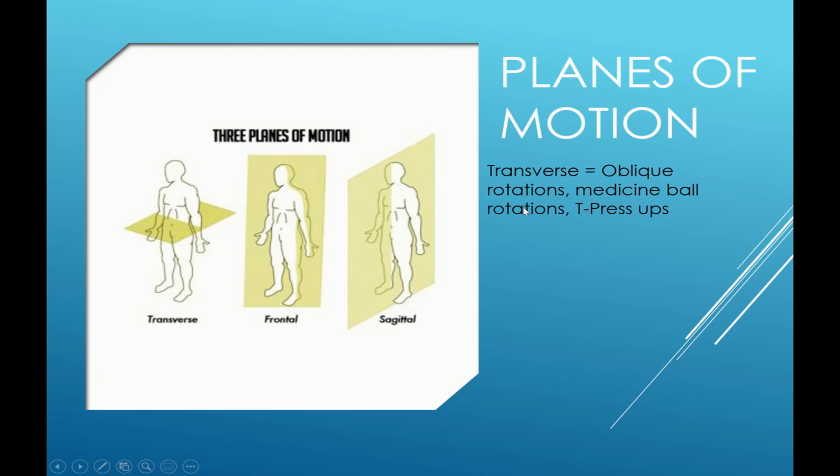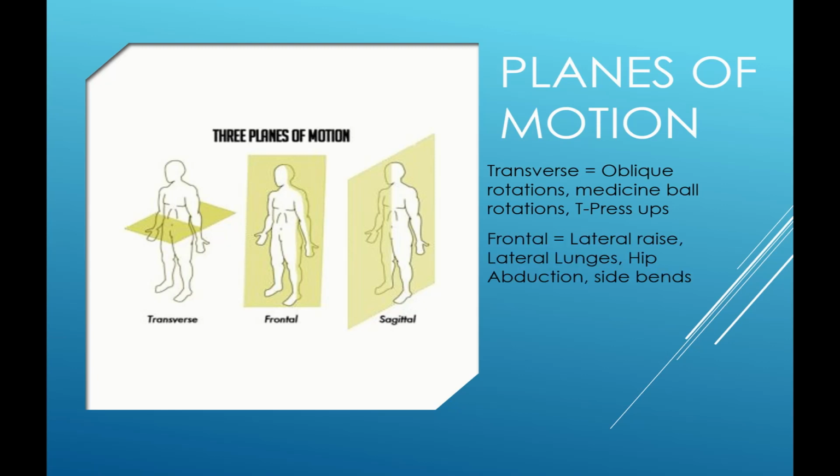Medicine ball rotations, so as we are in a sit-up position and we twist the body from side to side, again we're getting that rotation of the spine, rotation of the shoulder, rotation of the hip through those med ball rotations, which again is related to the transverse plane. And then T press up, so as we do a press up and then we rotate the body and we end up on one hand and we rotate the body all the way through, again we are getting motion here through the transverse plane.